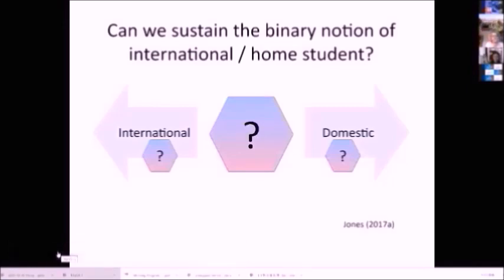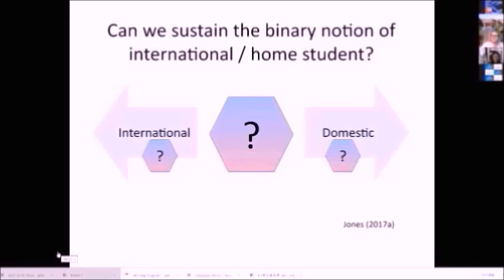We can't look at the classroom and see, for example, differences in faces, which tell us where people come from, because we may have first or second generation migrants, we may have people from different religious backgrounds, who don't wear particular clothes to show those differences. So we need to think carefully about our understanding of diversity and cultural difference.